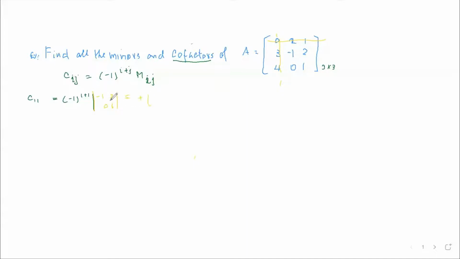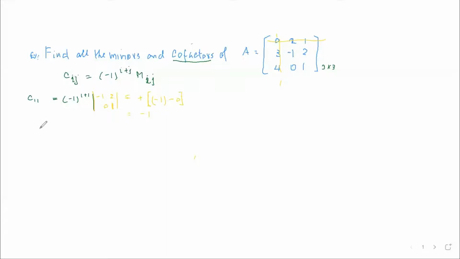So this one is going to be 1 times 1, negative 1 times 1 becomes negative 1, and then minus 0 times 2 becomes 0. So this one is going to be minus 1.